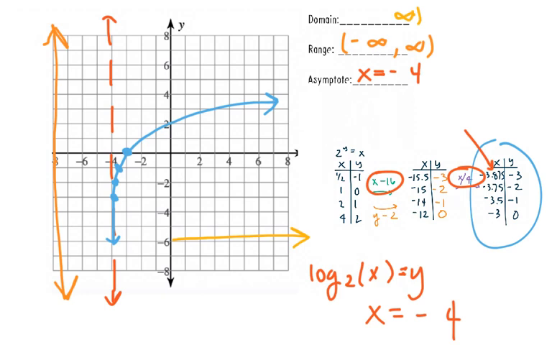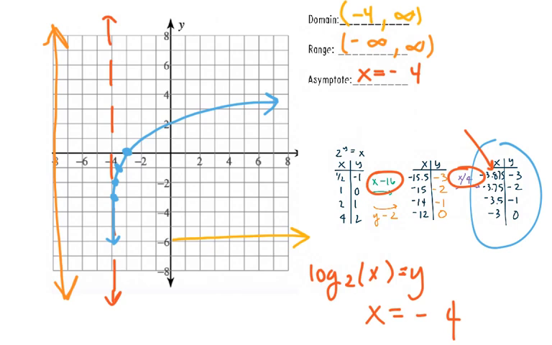It's going to keep getting closer and closer and closer to negative 4, right? It's going to get closer and closer to that asymptote. But because it's an asymptote, it's never actually going to touch there. Okay, so we're going to say that our domain starts at negative 4, but we're going to put a parenthesis there to say it's never actually going to touch negative 4. It's just going to get right up to it. Okay?